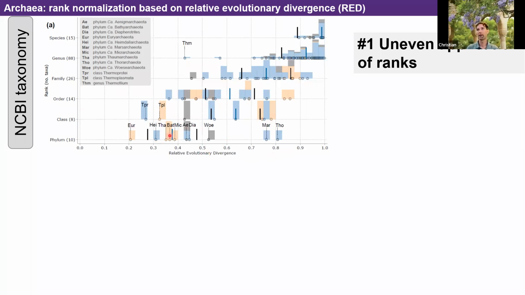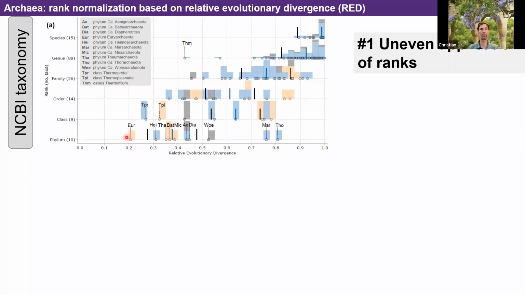On top of that, the red ones actually indicate polyphyletic groups. So what we have to do here is resolve polyphyletic groups, and we also have to correct or update the taxonomic ranks. For example, here you can see the Euryarchaeota. They have the lowest RED value of all of them. So that might mean that that's not a phylum.